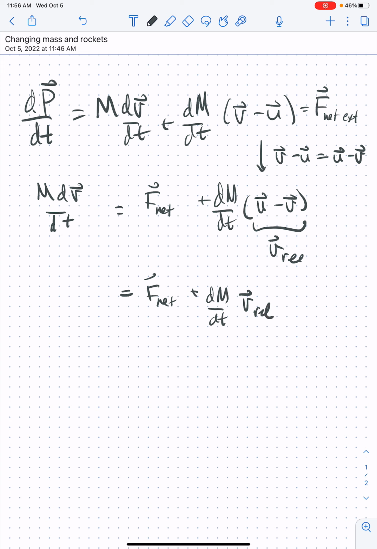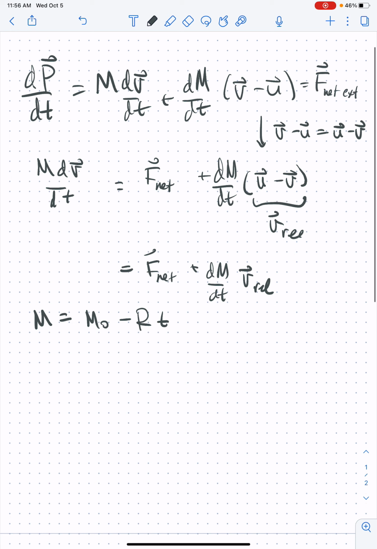And we said that a very common situation where we might want to apply this is for a rocket that's burning some fuel at a rate r. So that means that its mass is m naught minus r t, where m naught is the initial mass, and then the rate of change of mass, dm/dt, is negative r, okay?